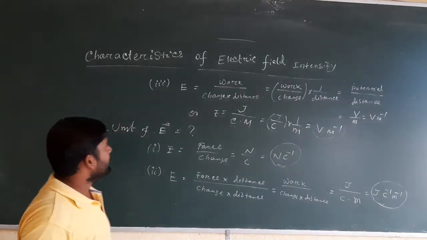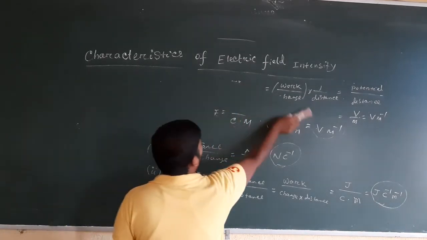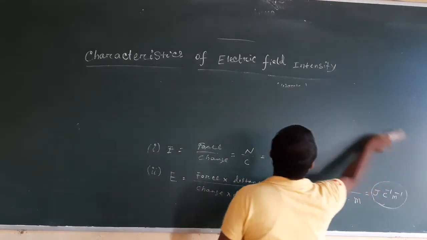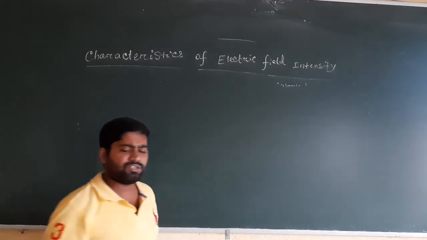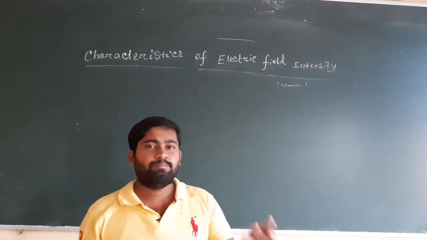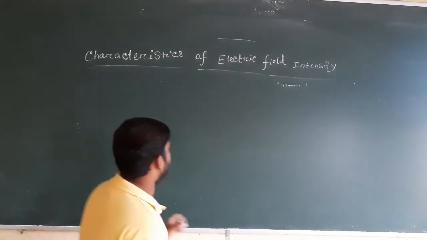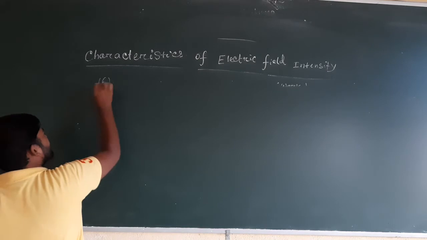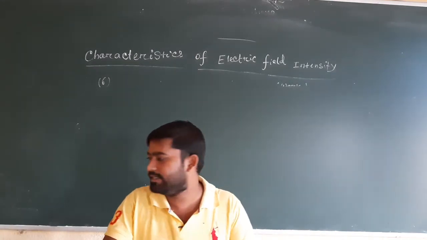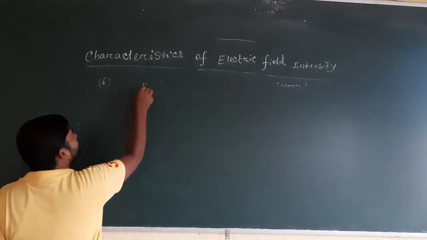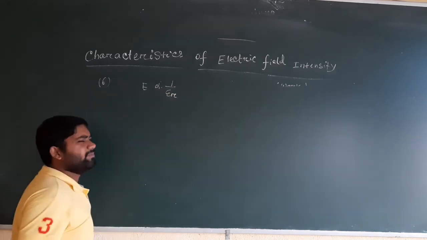Another characteristic of electric field intensity is that the electric field intensity measures the variation of relative permittivity in between two medium. That means the number 6 property of electric field intensity is that the electric field intensity varies inversely to the relative permittivity of the medium.